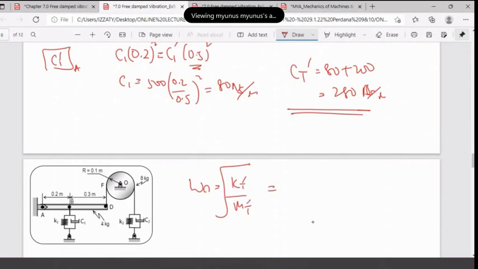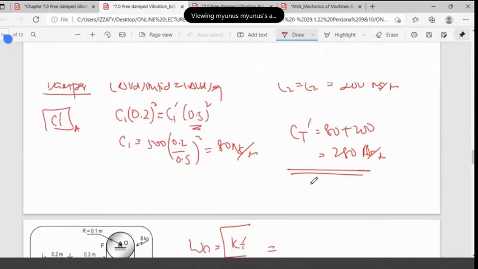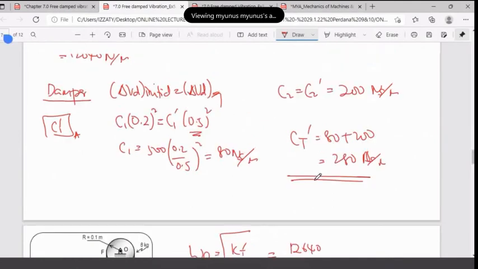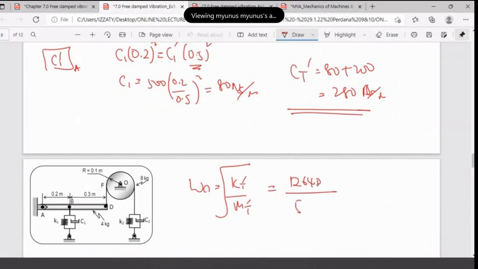Just pick up the numbers you calculated earlier. KT is equal to 12,640, divided by the MT, just like 5.133. We get the result, and you check it, and it is correct as what we did earlier.